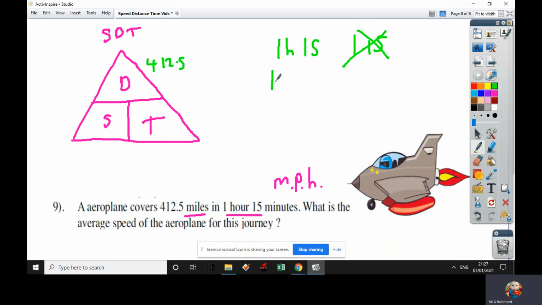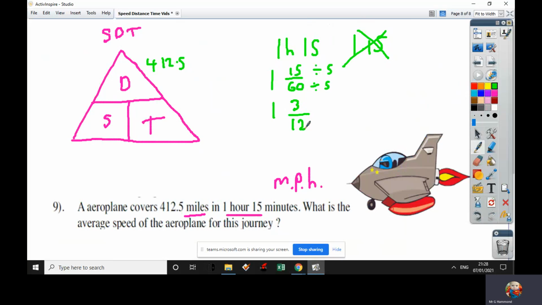So as a fraction, that would be 1 whole and 15 sixtieths. Hopefully you know that 15/60 is a quarter of an hour. But if you didn't know that, you would spot that they both divide by 5. So 5s into 15 goes 3 times. 5s into 60 goes 12 times.